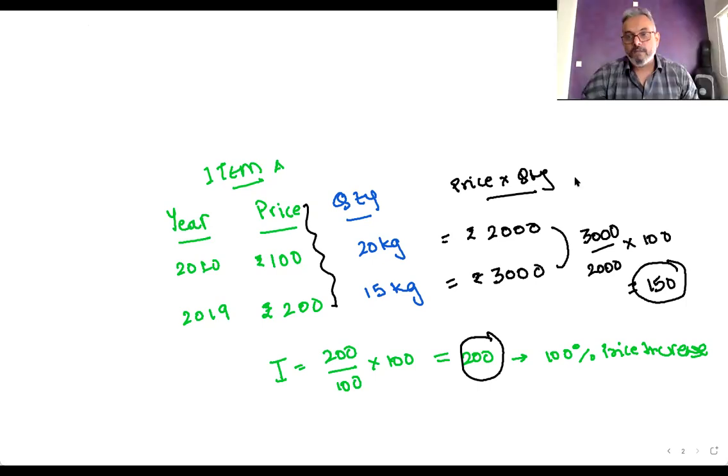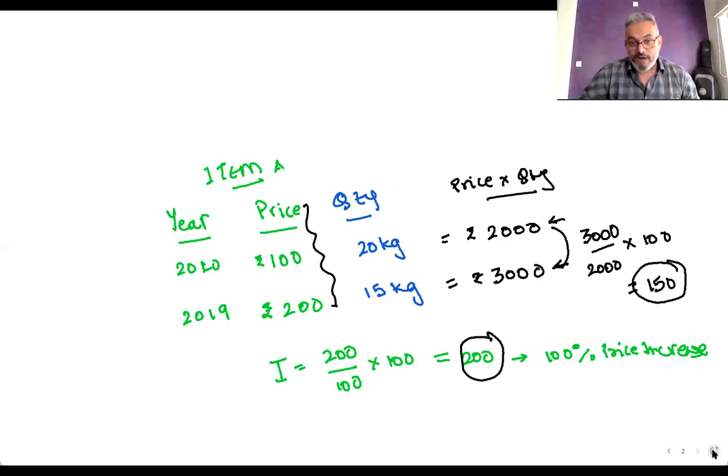Expense, obviously, because earlier 2000 was spent from my pocket, now 3000. Price has increased, no doubt, but my quantity has decreased. So only taking the price index number may not always be the right indicator. So we go for index number formulas where we take price and at the same time give importance or weightage to quantity, so that we can get a better index number for analysis.